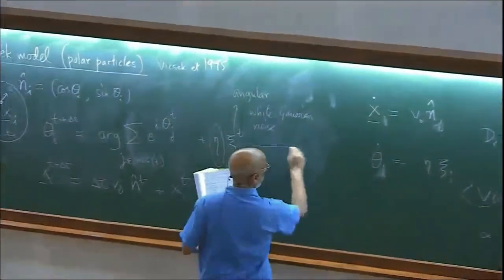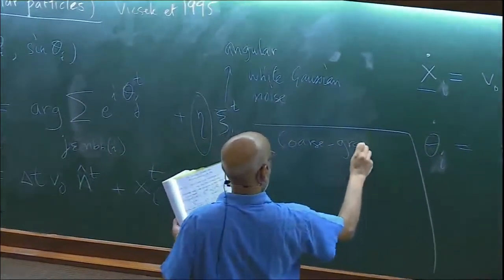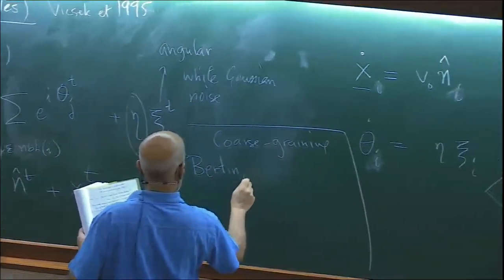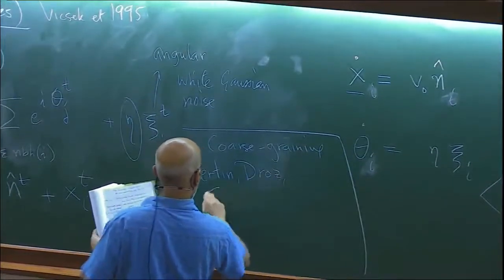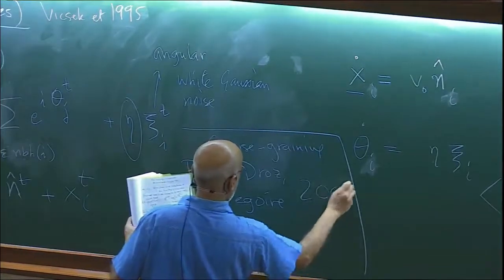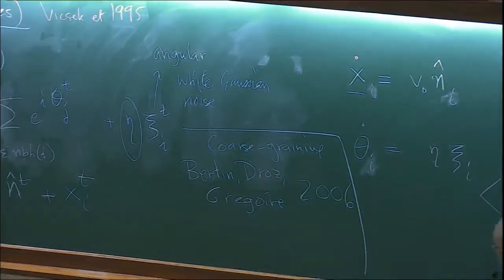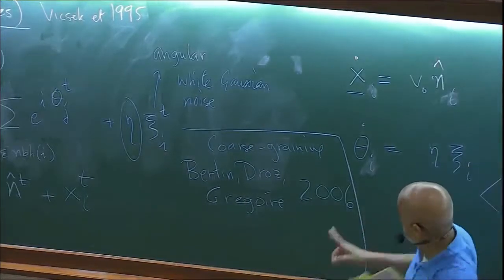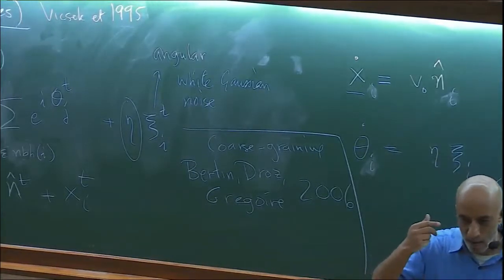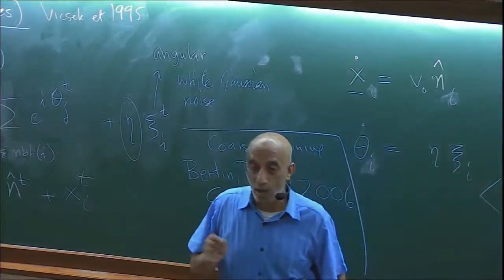The coarse graining was done in a paper in 2006, I think, in Physical Review E. What these guys do is take this, and even though these are not particles which have inertia, because they've got persistence thanks to this angular field, you can do something that looks a lot like a Boltzmann equation.